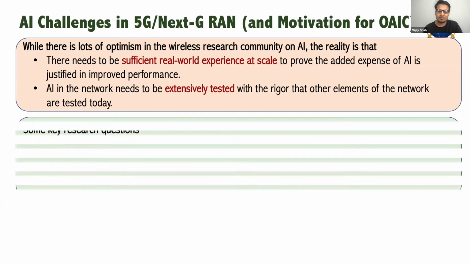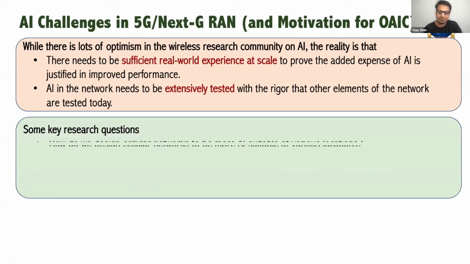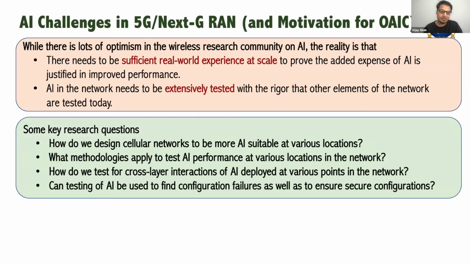So before we go there, let us look at some of the key research questions. How do we design cellular networks to be more AI suitable? If we had explainable AI, right, then obviously we could know, let's say, this different comprehensive testing and performance, which is literally nonexistent as of now.